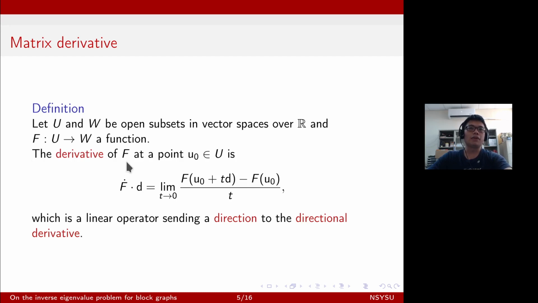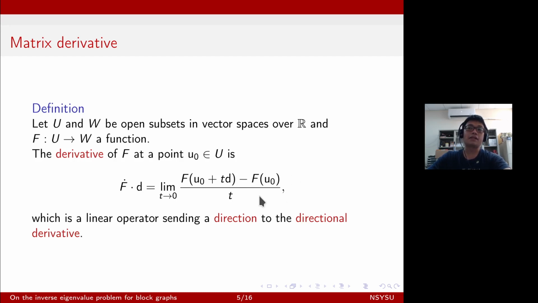The derivative of f at a particular point, u0: we focus on one point and we want to calculate the derivative. The formula looks like this. We need the direction d, and we're starting from u0 and going a little bit in direction d, and subtracting f of u0.